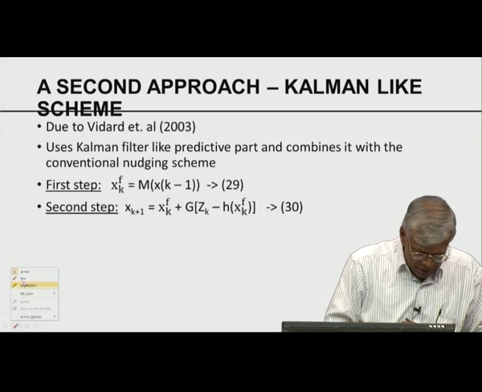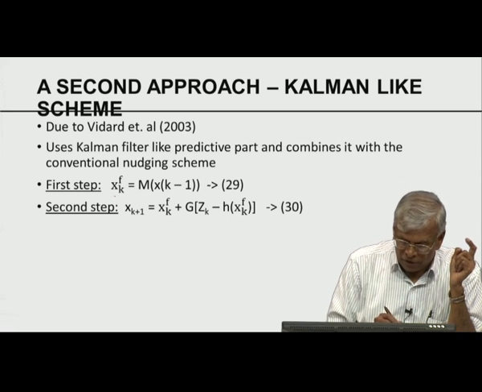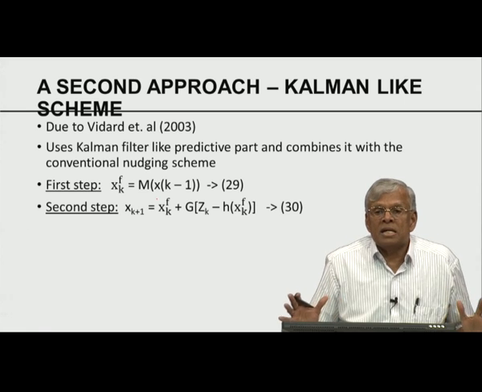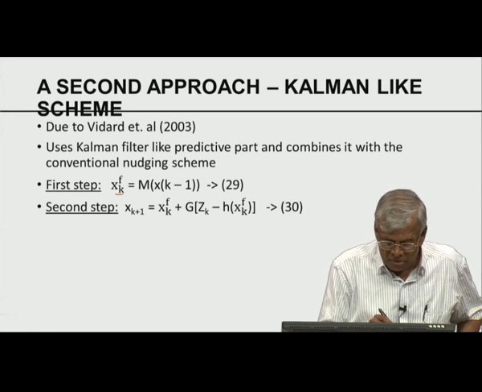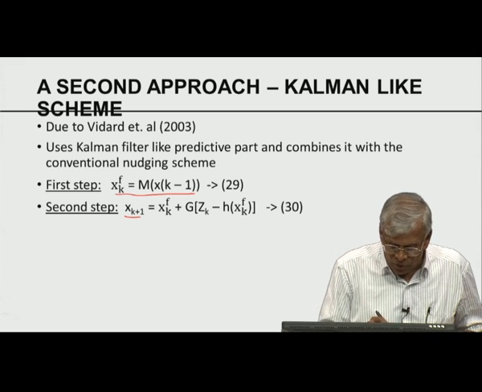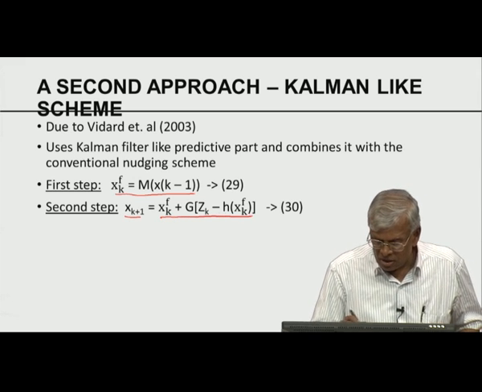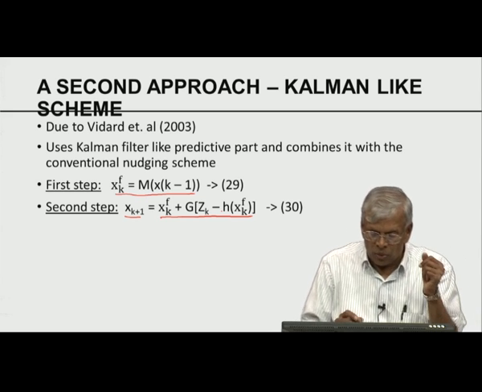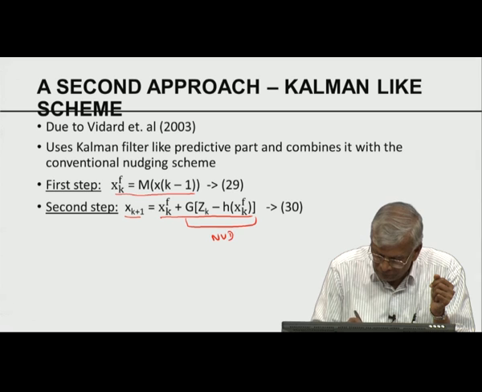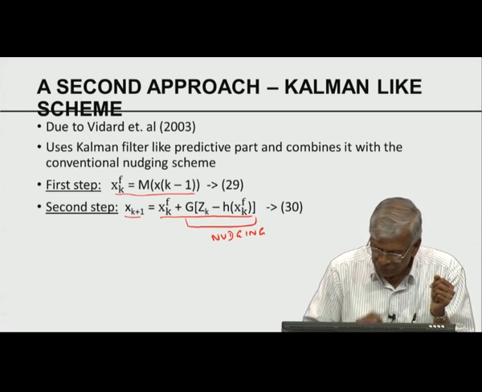So what is the thing in here? The first step is the following. Let x_{k-1} be the state I know. I am using the model to create a forecast. The second step is I am going to do an analysis, which is forecast plus G times z_k minus h of x_f. So what is this? This is the nudging part.